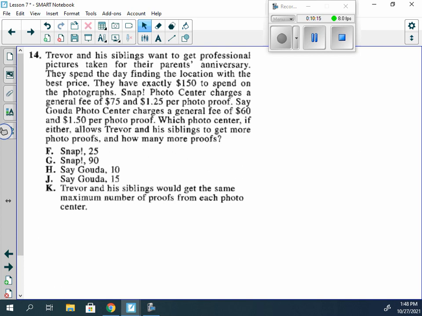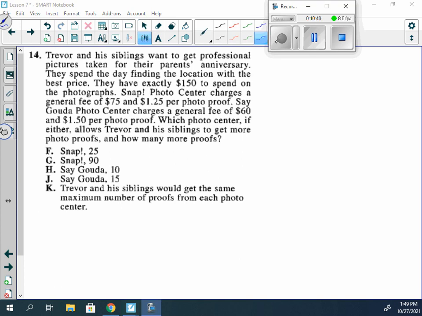Snap Photo Center charges a $75 general fee and $1.25 per photo proof. Say Goda Photo Center charges a general fee of $60 and $1.50 per photo. Which photo center, if either, allows Trevor and his siblings to get more photo proofs, and how many more proofs?